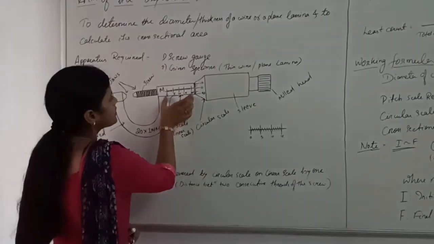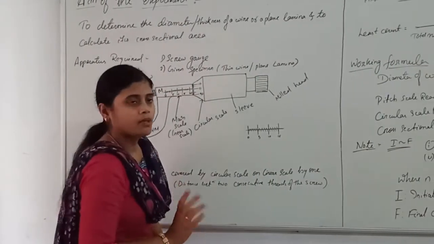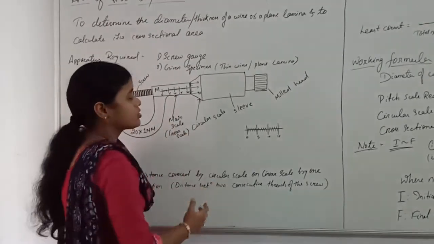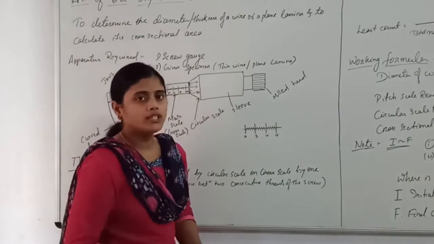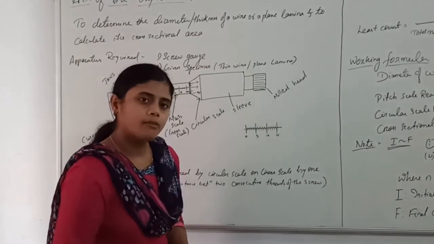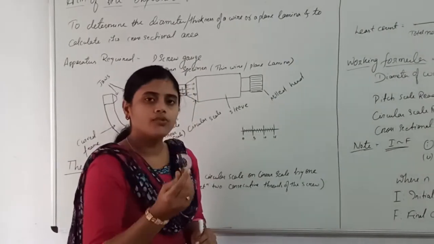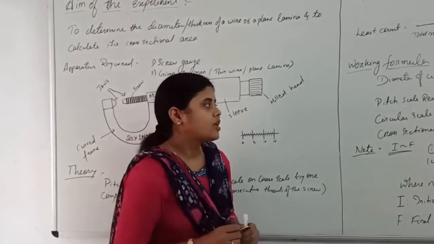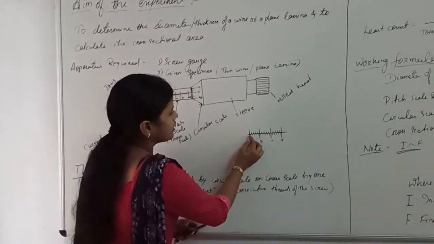Up to 2 centimeter this main scale can measure at maximum; it can measure less than 2 centimeter, but more than 2 centimeter it cannot measure. That's why from the beginning I told you that this instrument is used for the precise measurement of small objects.